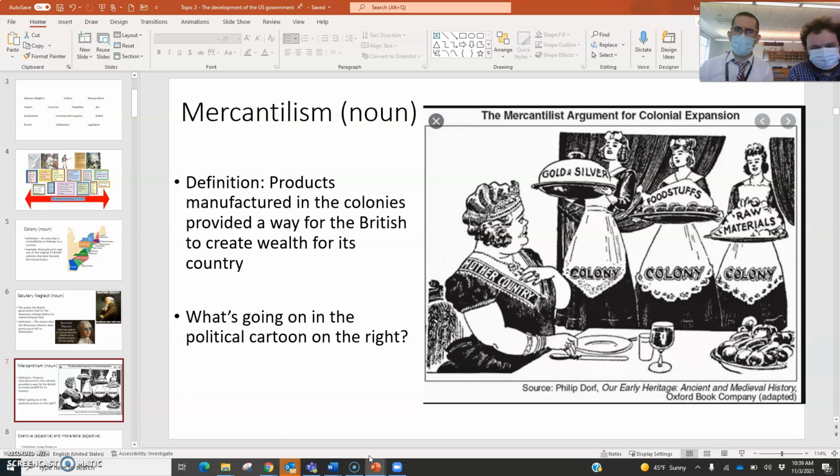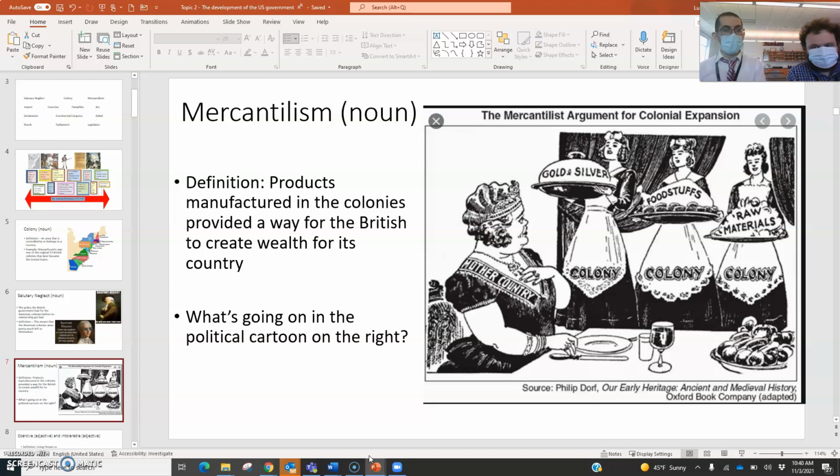Products manufactured in colonies provide a way for the so-called mother country to create wealth for itself. So, for example, how did Great Britain make more money? Well, they made more money by relying upon its colonies to ship more of the goods, more resources to them.